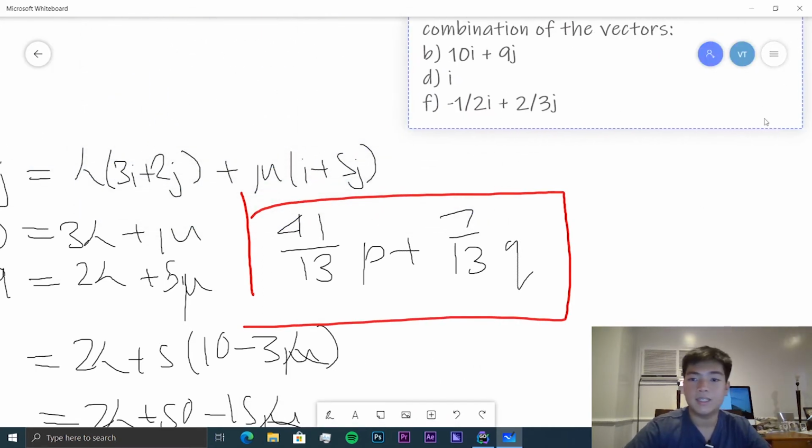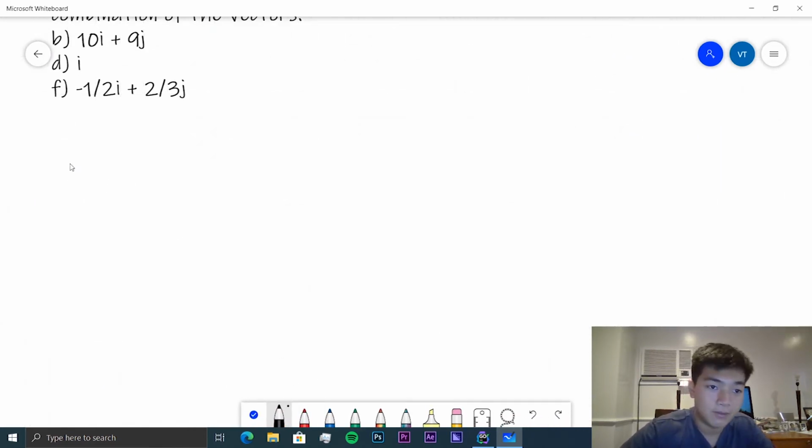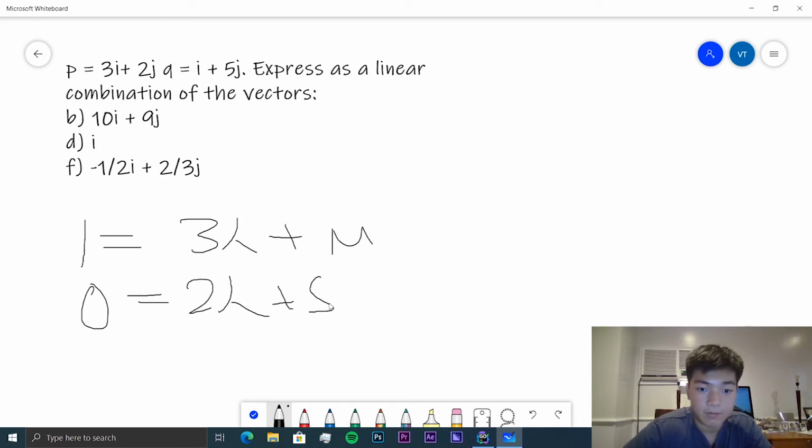Next one, we need to express i. How we're going to do that is, well, we have 1 is equal to 3 lambda plus mu, and then 0 is equal to 2 lambda plus 5 mu. So as usual, we substitute mu as equal to 1 minus 3 lambda.